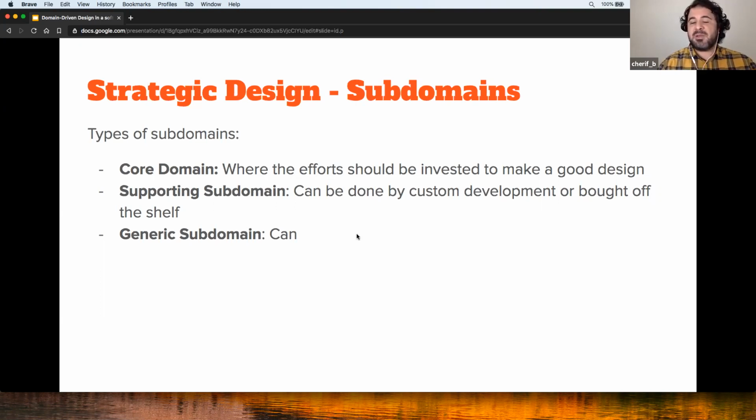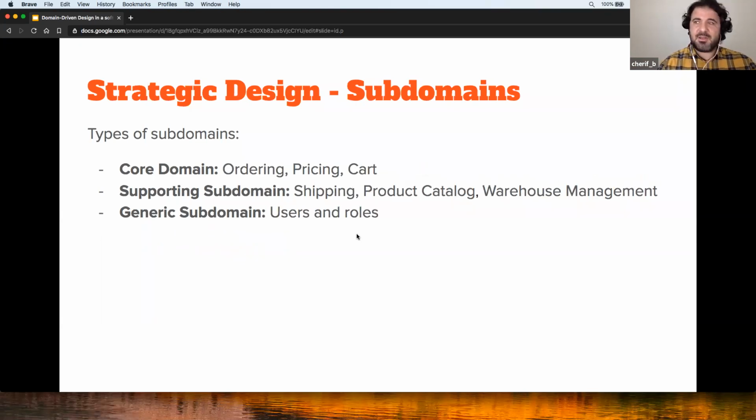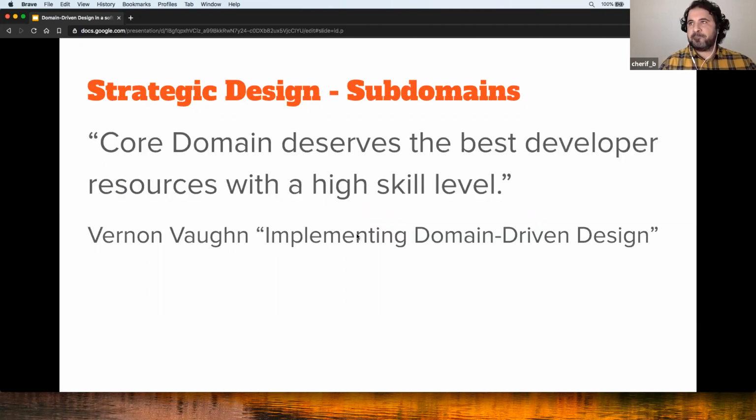The generic subdomain is something like user management, login, logout, and this can be outsourced or even bought off the shelf. Some examples of the core domain in our e-commerce system are ordering, pricing, and cart. The supporting ones are shipping, product catalog, and warehouse management, and the generic subdomain is the users and roles subdomain.